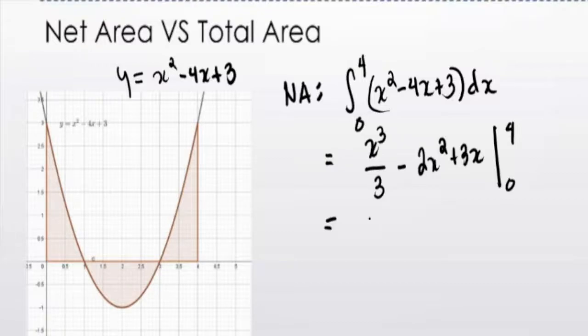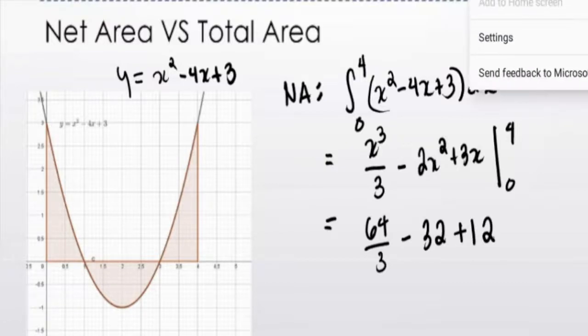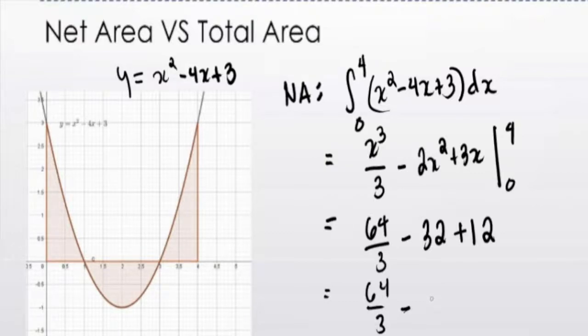So 4 cubed over 3, that is 64 over 3, minus 4 squared times 2, that is 32, plus 12. Okay, so we have 64 over 3 minus 20, or 4/3.